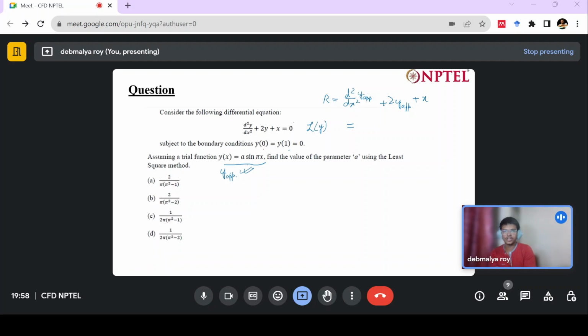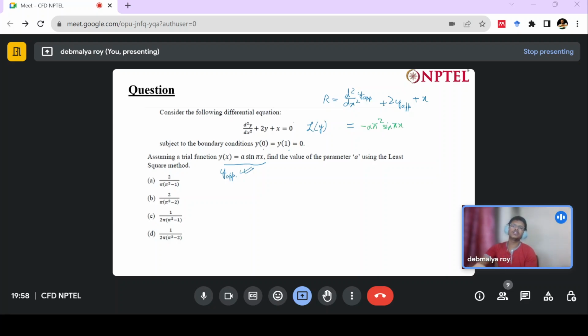So we have to differentiate this two times. What is d2y/dx2? Has anyone found it? Minus a pi square sine pi x. Yes.